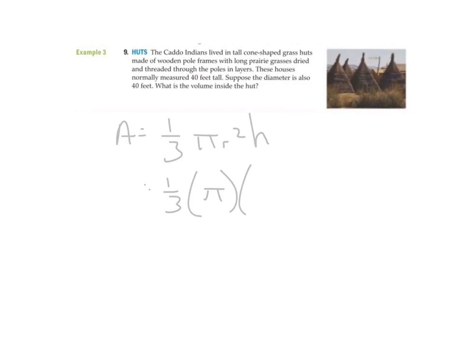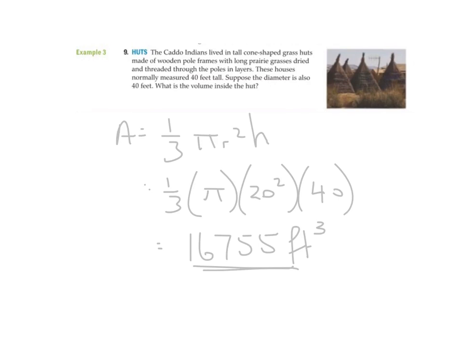Well, obviously the radius is 20, so that's going to give you 20 squared. And then the height is 40. And again, if you put that all into your calculator, actually you get quite a big number. It's 16,755 feet cubed. Okay, so you've got quite a large volume in what is actually their grass huts.